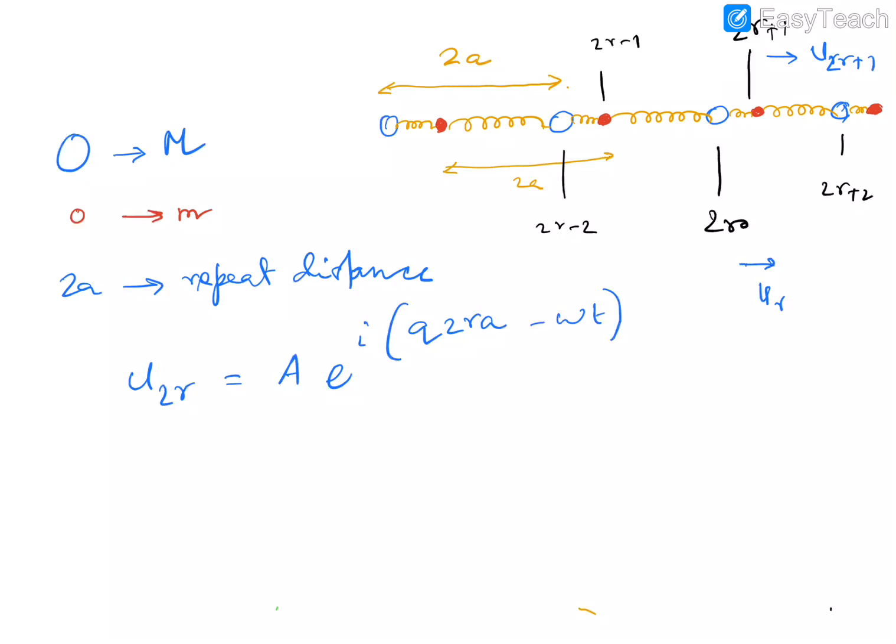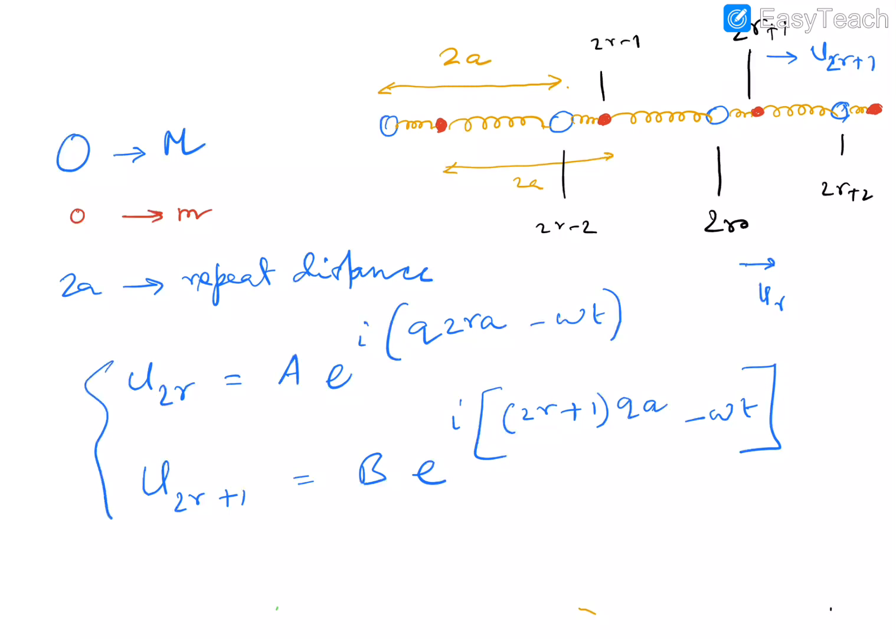And for the other one, u_2r plus 1 will be equal to B e to the power i, 2r plus 1 times q a minus omega t. Let's number these as equations 1.